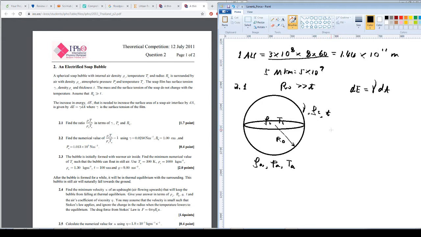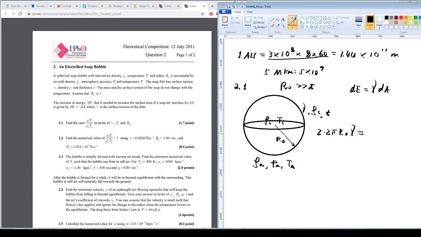This is also related to one of the F equals ma problems. Along the hemispherical cut, there's a surface tension 2 pi r naught gamma, but the soap bubble has two faces, so you multiply that surface tension by 2.